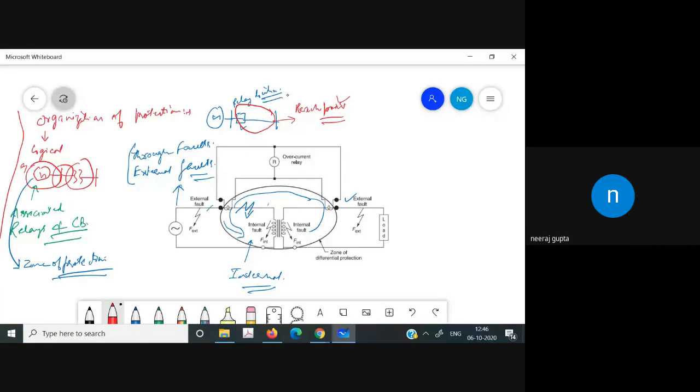Here we have the relay, and here we have the reach point. So the distance between the relay and the reach point is known as the reach of the relay.